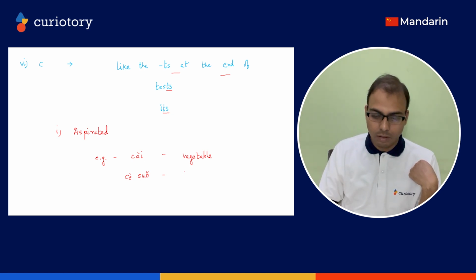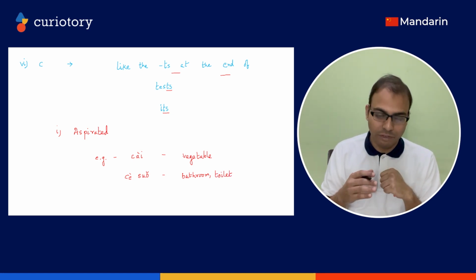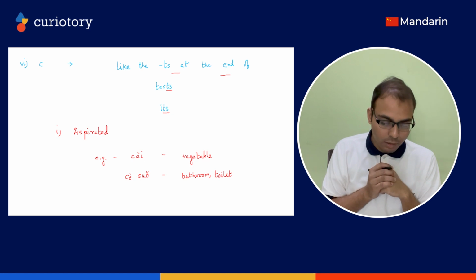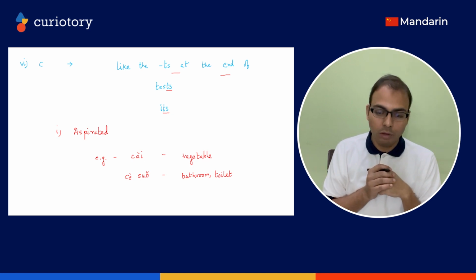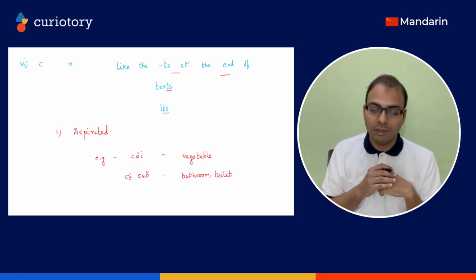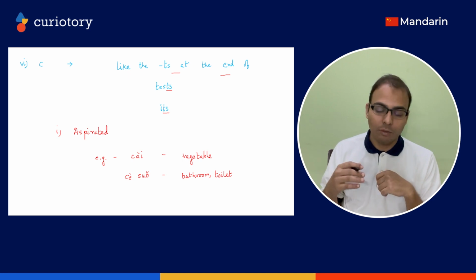And it means bathroom or toilet. Here the meanings are not that important. We have to take care how to pronounce C. I hope C was clear to you. The two rules: it is pronounced like the TS at the end of tests, and it is aspirated.